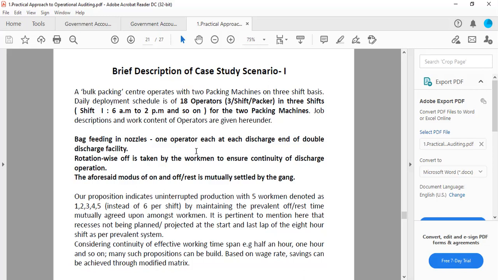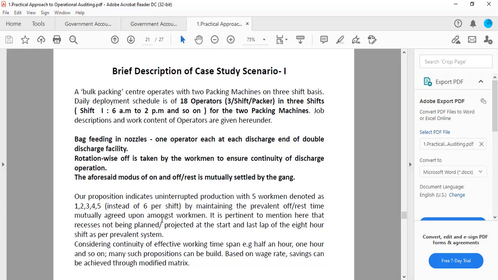So operators are studied. And here are the job descriptions and work content of the operators: bag feeding in nozzles, then the rotation. Again, our output here is that we should be able to make a proposition to minimize the cost of the company.